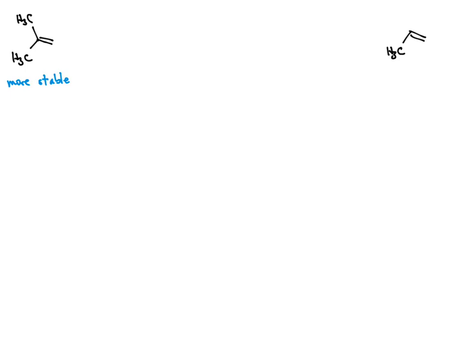Now, stability is an important phenomenon. So stability is really the sum of all the bond enthalpies. So it's really the sum of all of the sigma and pi bonds that you have in a molecule.